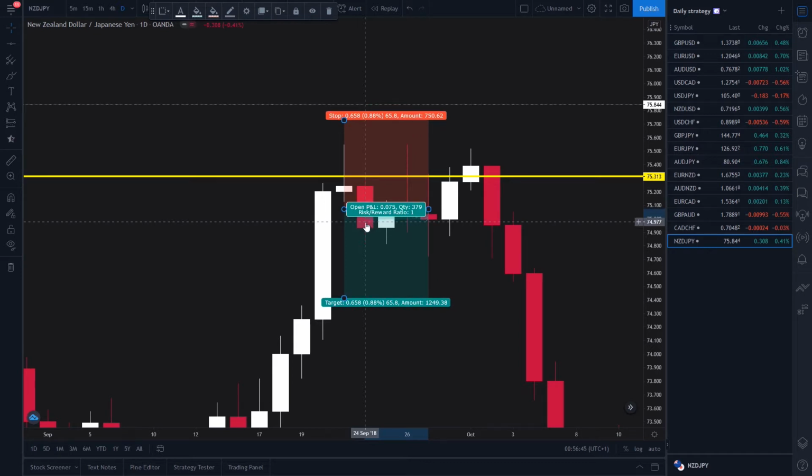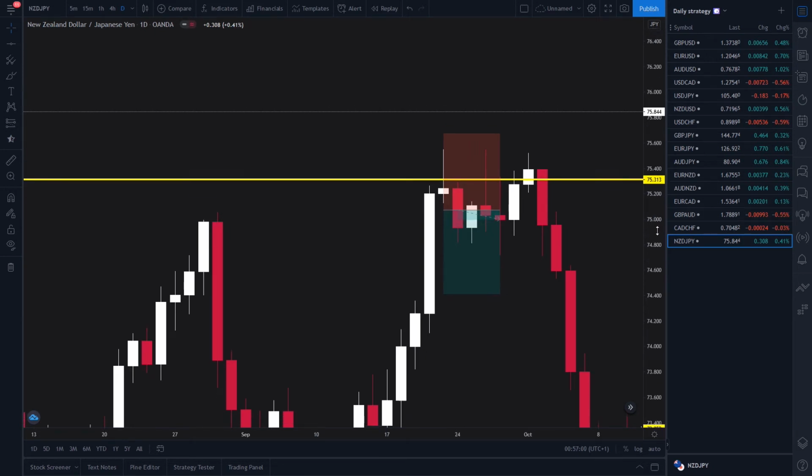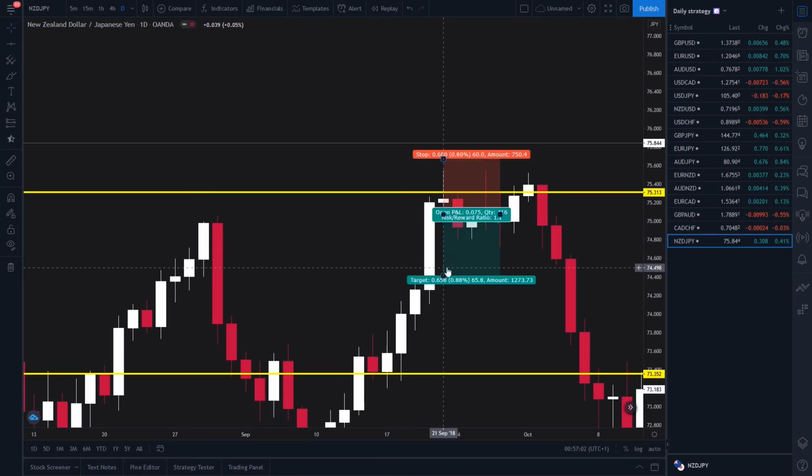So let's go with this one and adjust your stop loss a few pips above the high of the indecision candle. So for me it will be 60 pips, and let's go for a 1 to 1.5 risk ratio at least.